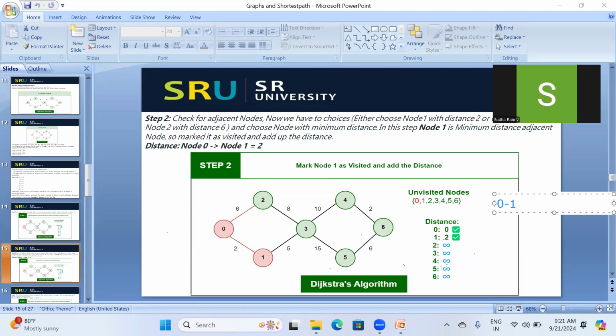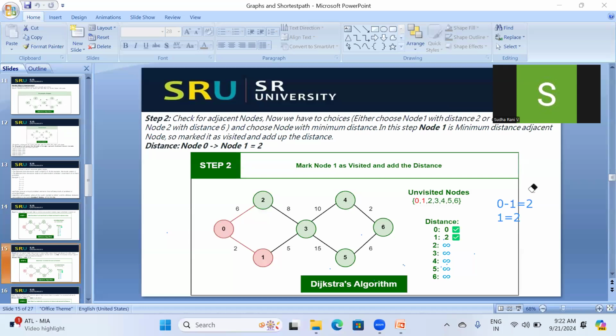What will be the edge value from node 0 to 1? The value is 2. So the value of 1 is equal to 2. Why? Because here we have only one possibility to traverse from 0 to 1. So by default I take the value 2 for the node 1.